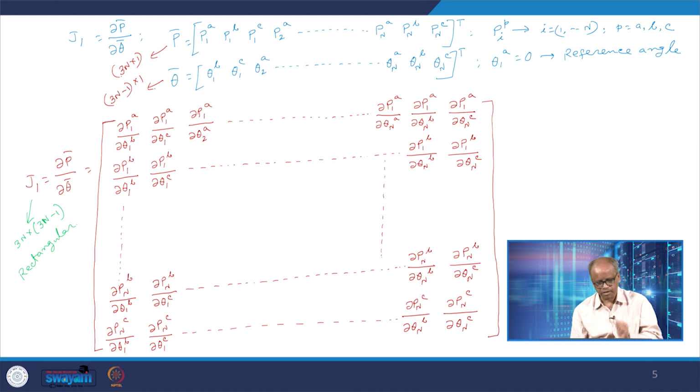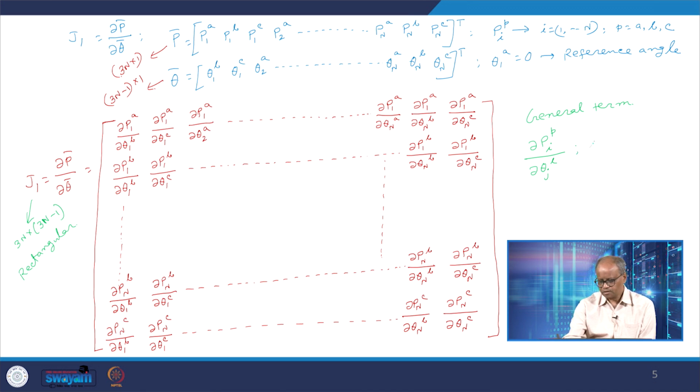This is a rectangular matrix, but the general term is del P_i^p by del theta_j^l. Any general term is del P_i^p by del theta_j^l.